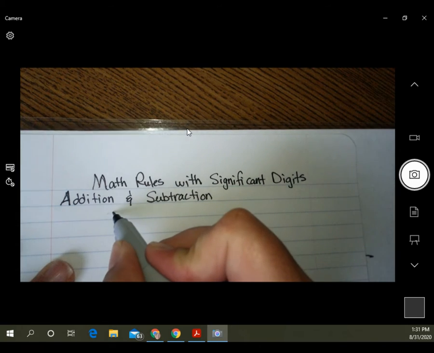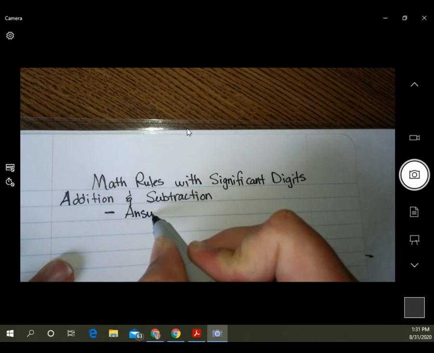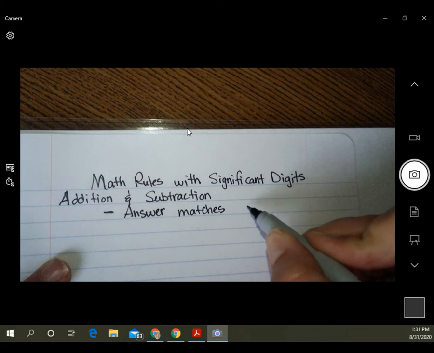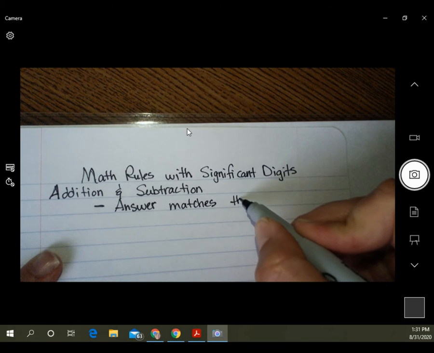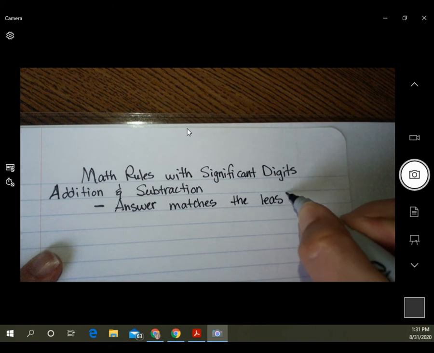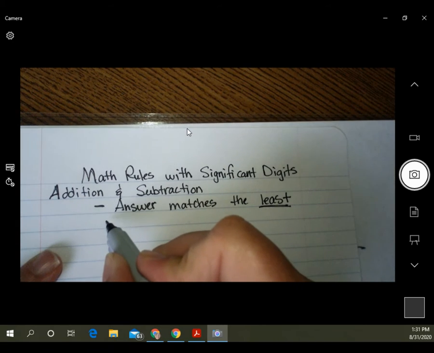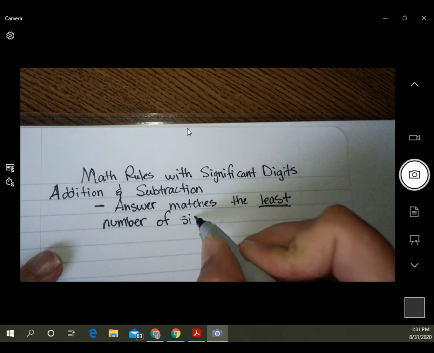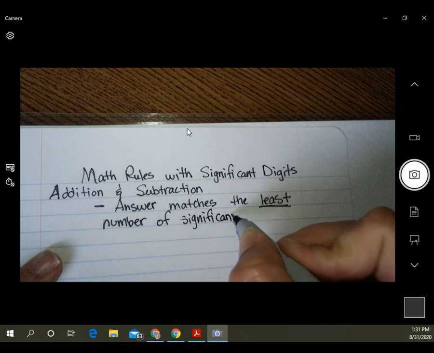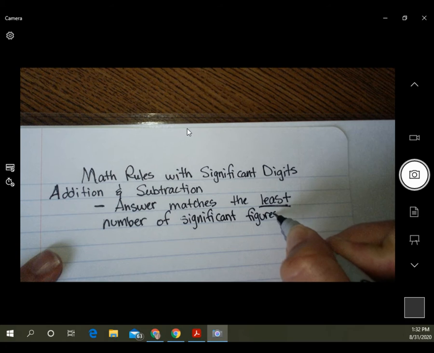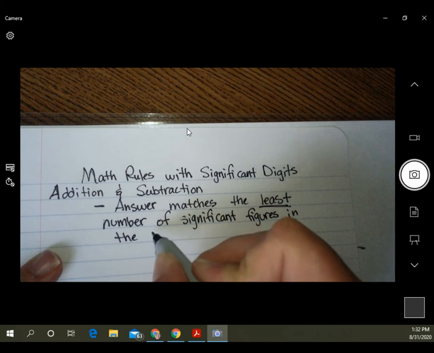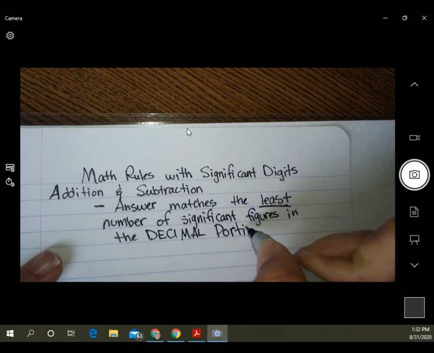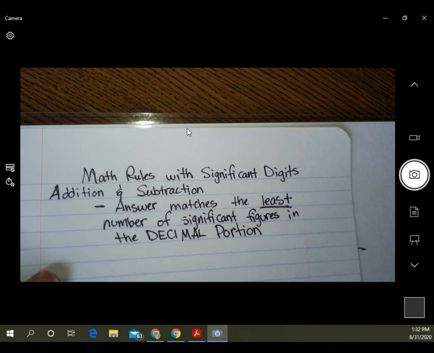And what we do with addition and subtraction, the rule says that your answer matches the least number of significant figures in the decimal portion.